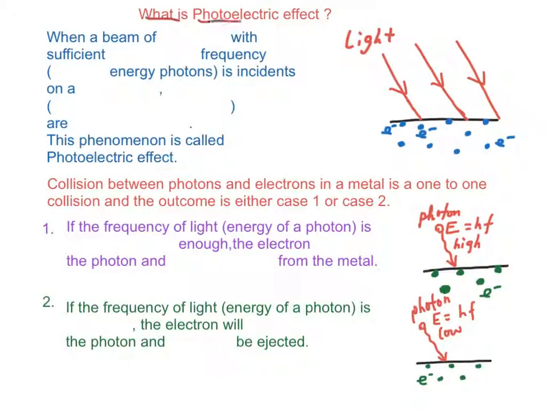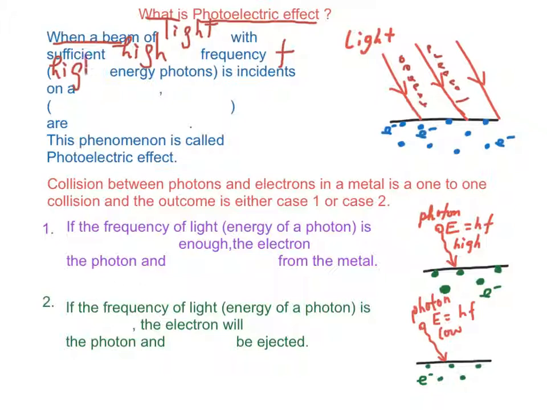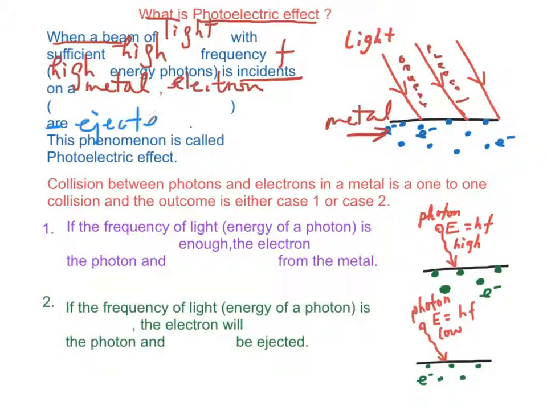What is the photoelectric effect? 光電效應. When a beam of light carrying photons with sufficiently high frequency f, that is sufficiently high energy photons, is incident on a metal, electrons in the metal are ejected or emitted.